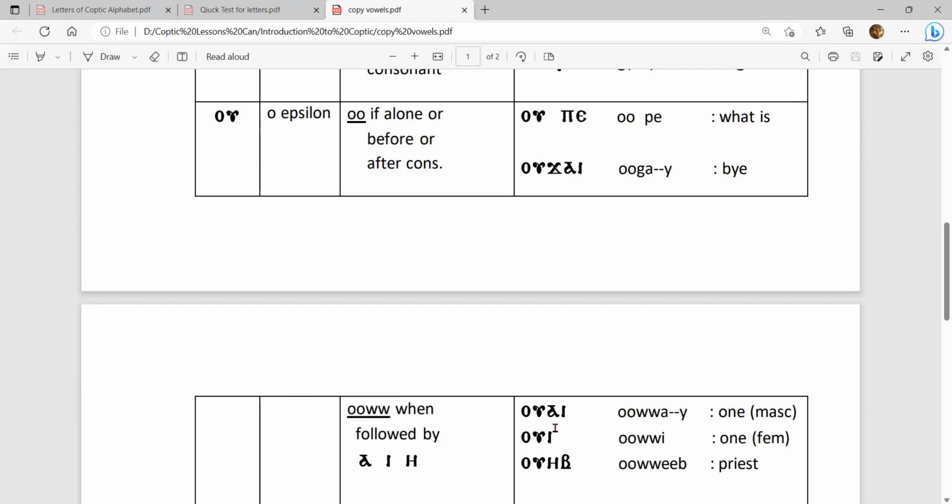We shall see how we pronounce it here. The first example is followed by an alpha. So we say ooh, y, and I separated the pronunciation of the iota at the end, so that we don't say uwe. So it is uwai.